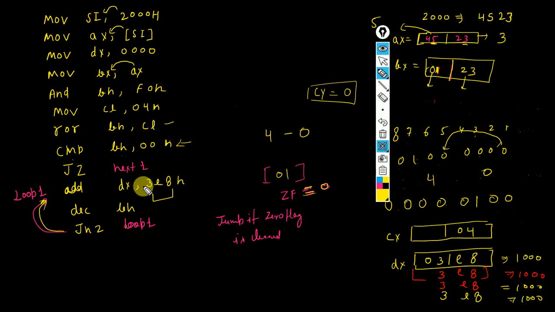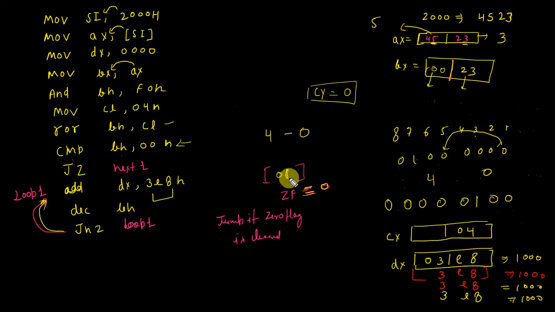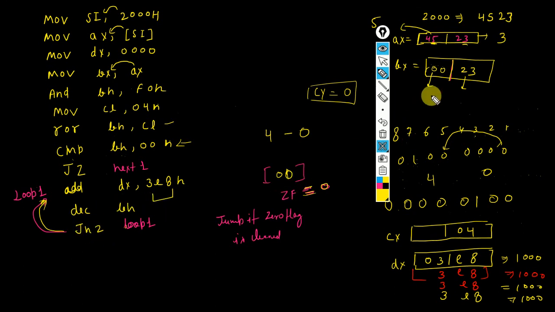Again DEC BH. Our BH register is 00 here. So in this case JNZ, when we decrease our BH register by 1, the content of the BH register is 00, so the zero flag status is high in this case.